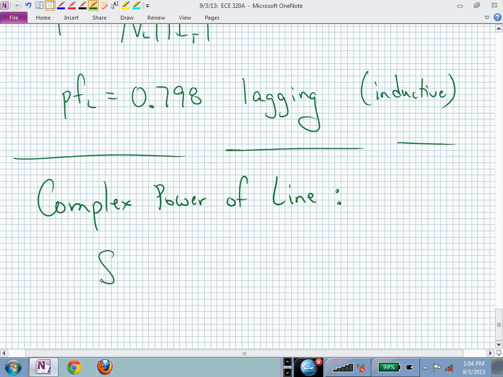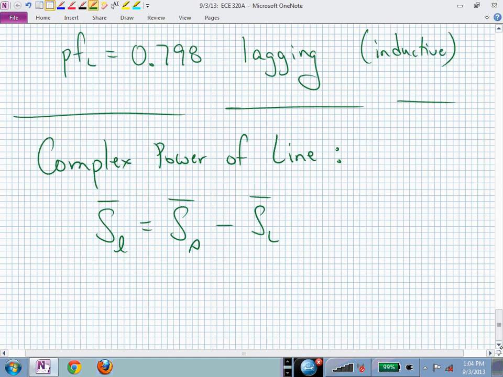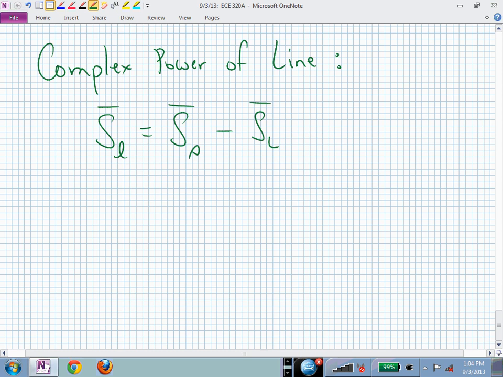Meaning we could find the line's complex power by taking the complex power supplied by the source and subtracting from that the complex power of the load, without needing to calculate V and I at the line. But we could do it either way, and we should come up with the same answer.